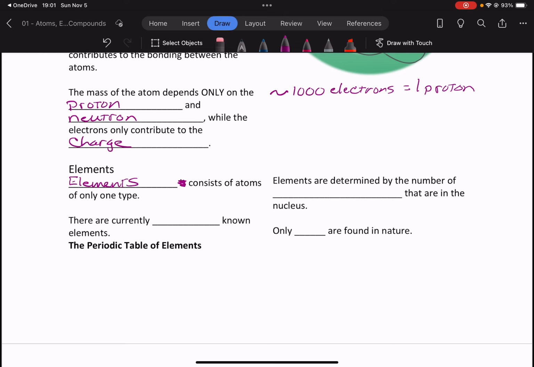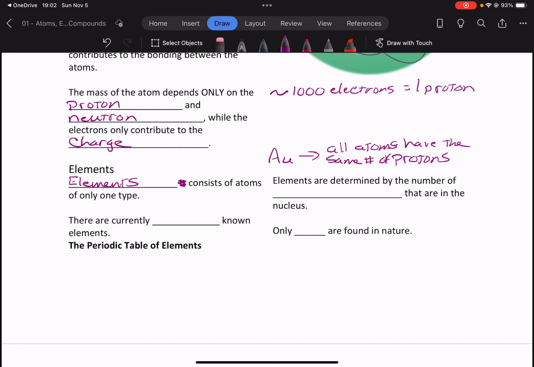For example, if I've got a bar of gold, Au, all the atoms will have the same number of, not neutrons, but protons, because the protons determine what the element is.